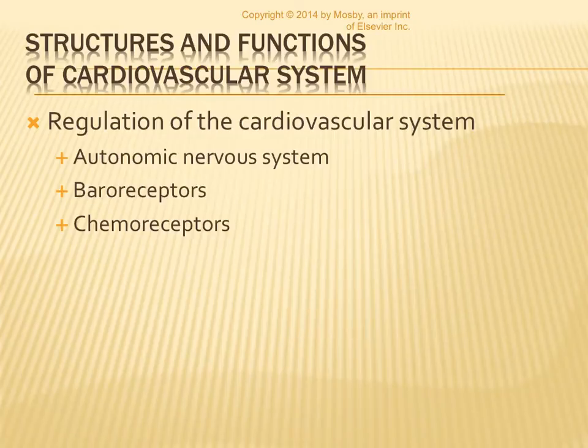So on this slide, we're going to talk about the chemoreceptors. Chemoreceptors are located in the aortic and carotid bodies of the medulla. They cause changes in the respiratory rate and blood pressure, and they respond to an increased arterial CO2 pressure, which is called hypercapnia.